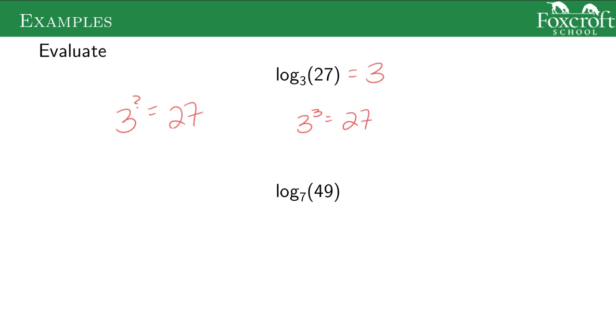Next one, log base 7 of 49. 7 raised to what exponent equals 49? 7 to the 1st is 7, so that doesn't work. 7 squared is 49. So the answer is going to be 2. Again, always double check. The answer is 2 because 7 raised to the 2nd power equals 49. So I'm always thinking about exponents whenever I'm dealing with logs.